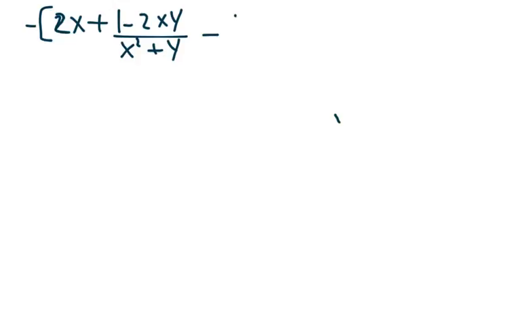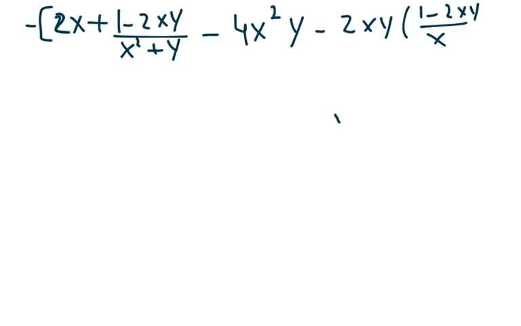But remember that this is still a part of the equation. So now you do minus, parenthesis, minus bracket 2x plus 1 minus 2xy over x squared plus y, minus 4x squared y minus 2xy times 1 minus 2xy over x squared plus y, parenthesis, and then a bracket.